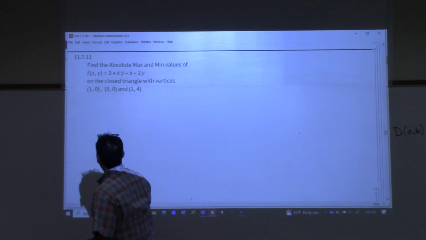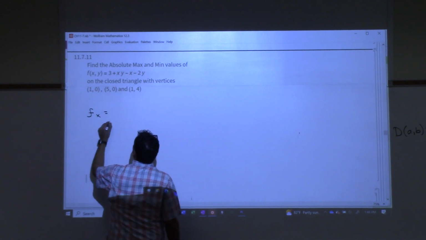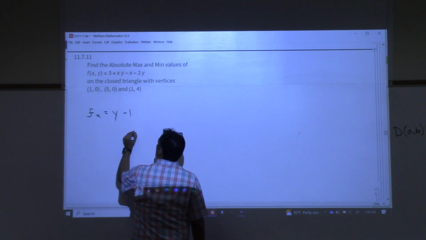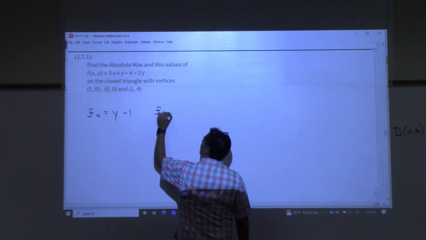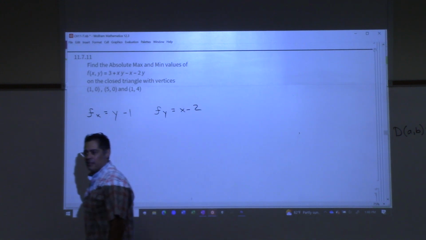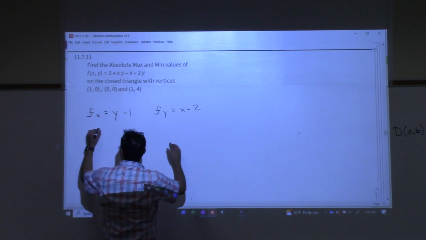All right, first thing, I'm going to take my partial with respect to x, which is going to be y minus 1. Nice. Now I'm going to take the partial with respect to y, and I'm going to get x minus 2. Oh, even better, right? And now I'm going to figure out where these are both 0.